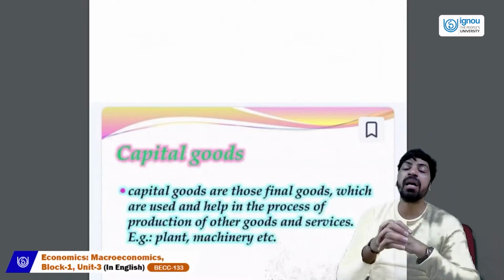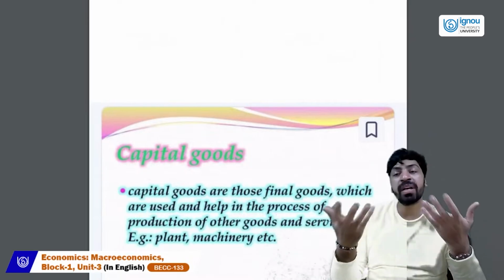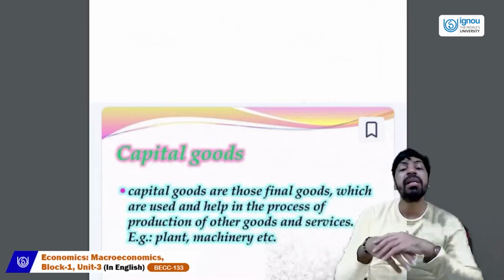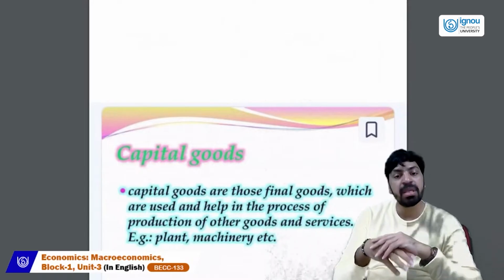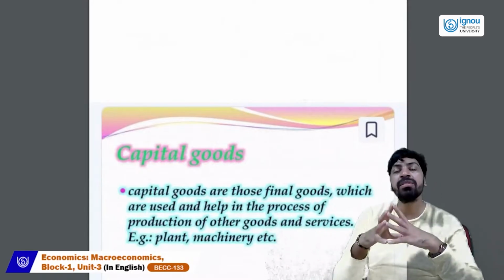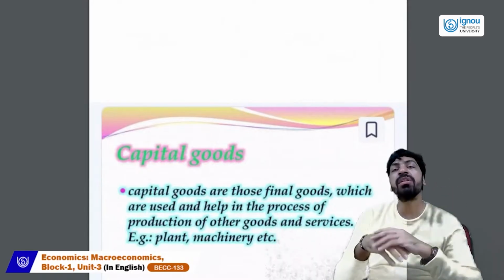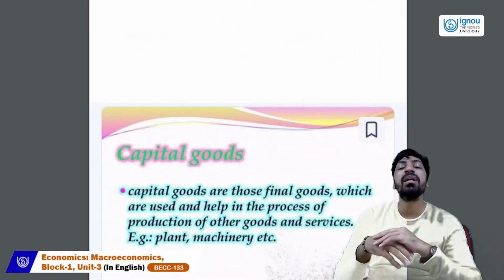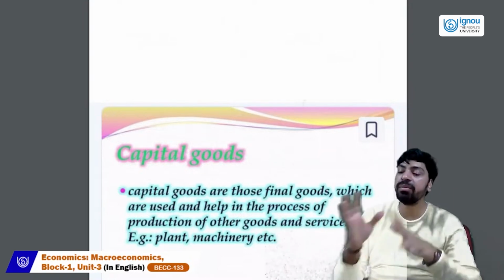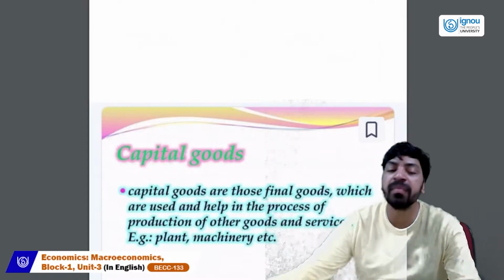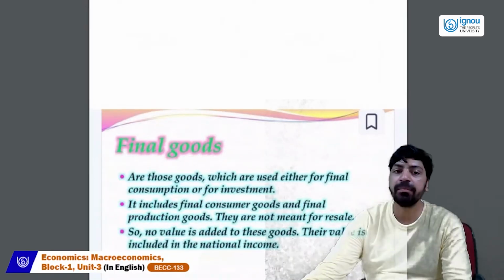Even furniture, fixtures and land are capital goods, because these are the final goods ultimately used for the production process of other goods and of course services. Such goods are called capital goods.